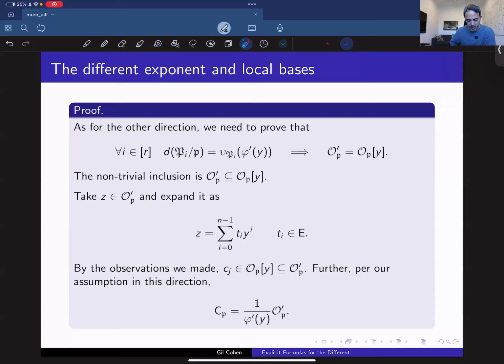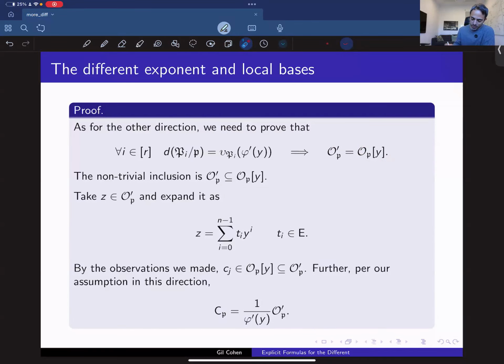And as before, the non-trivial inclusion is this direction. It's always the case that this is a subset of that, assuming that y is integral over OP. The interesting question is why everything integral over OP can be written like that.